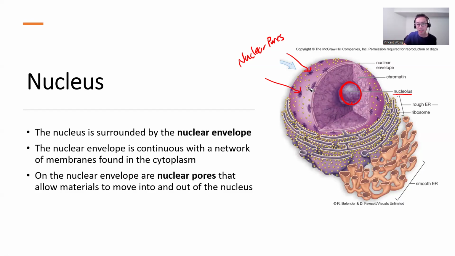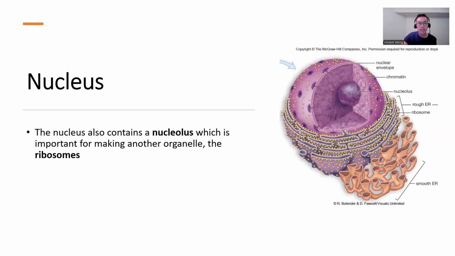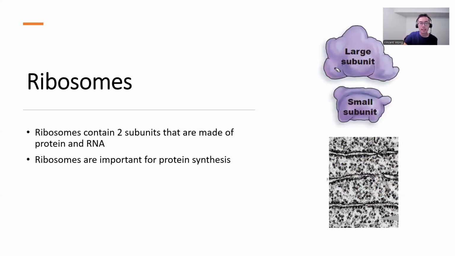In this diagram, the yellow dots are the ribosomes. This talks about the DNA and the chromatin and the chromosome. We already explained that. This talks about the nucleolus in the middle and how it makes ribosome. And you can see the ribosomes are made up of a large and a small subunit. They are typically apart.